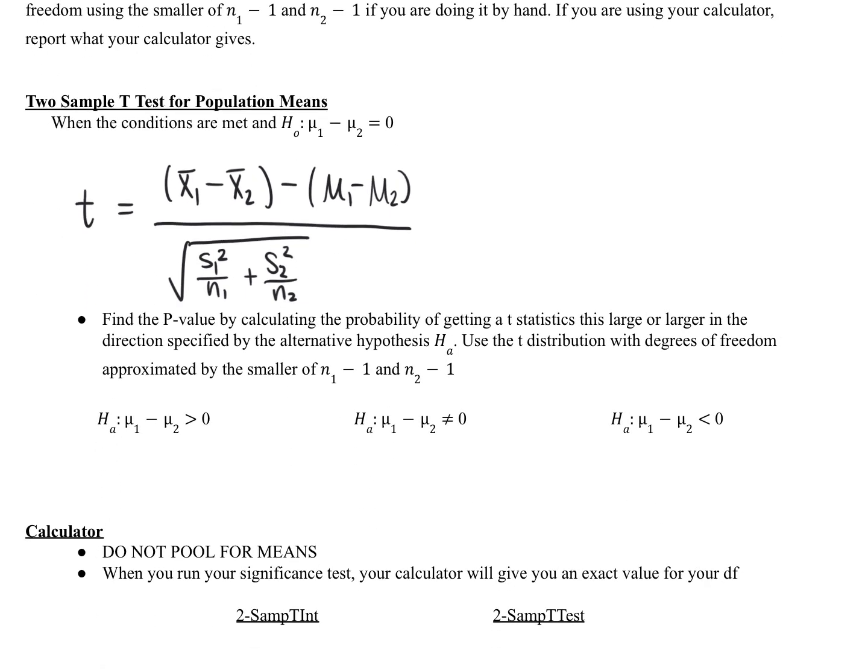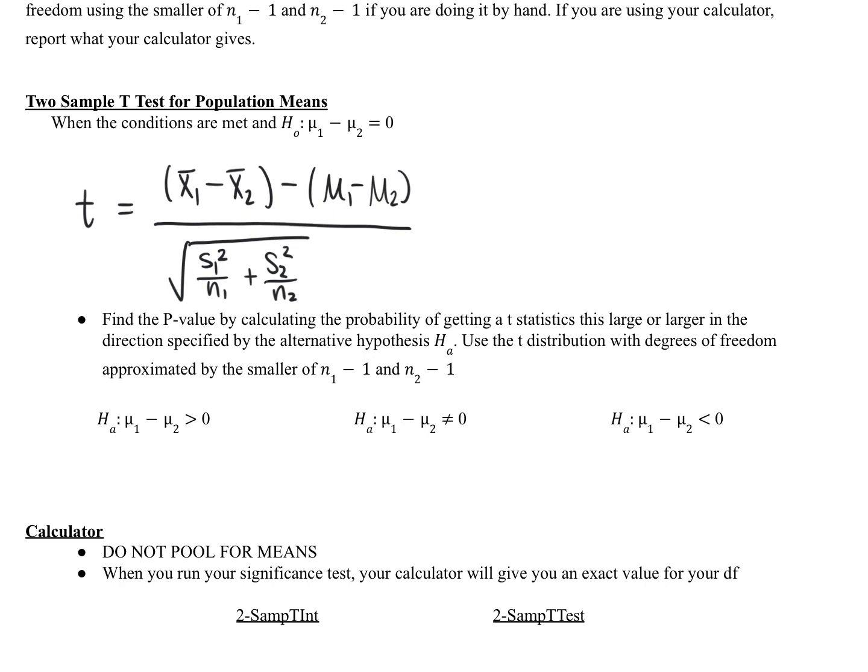And again, we'll find our p-value the exact same way we did when performing a significance test in the previous section. We'll use our alternative hypothesis, whichever way it's stated, and our degrees of freedom the same way as for a confidence interval.